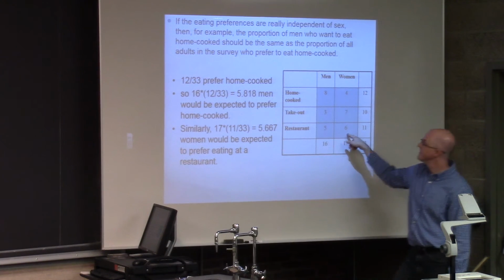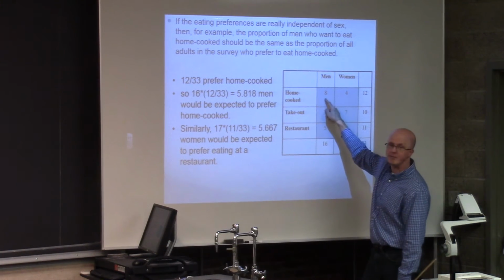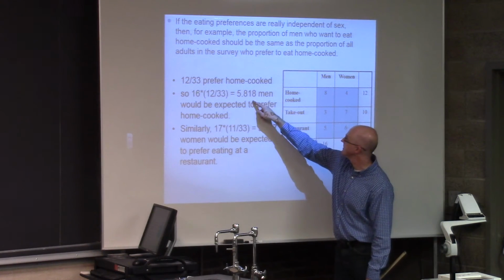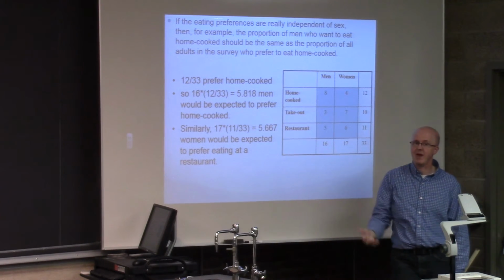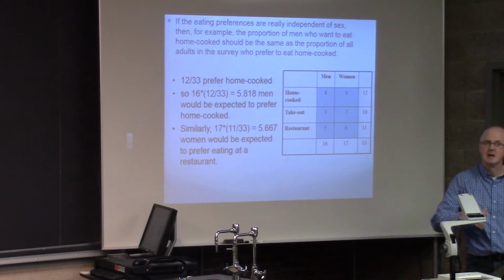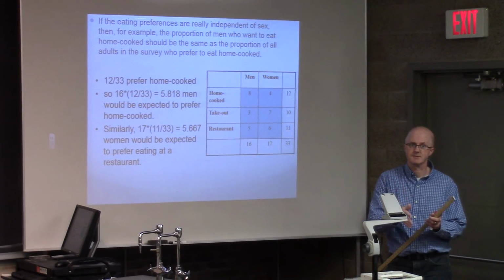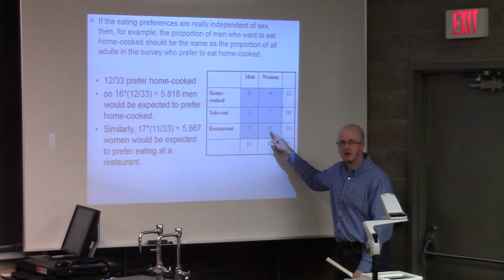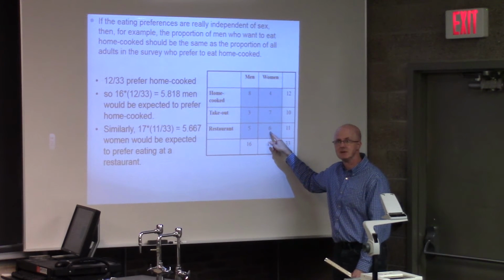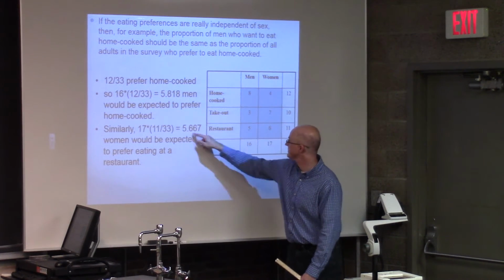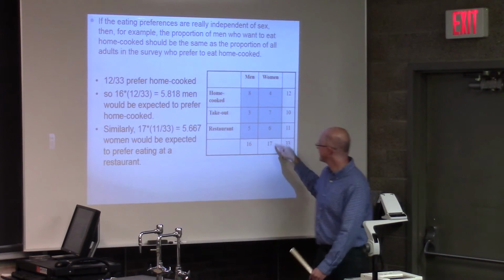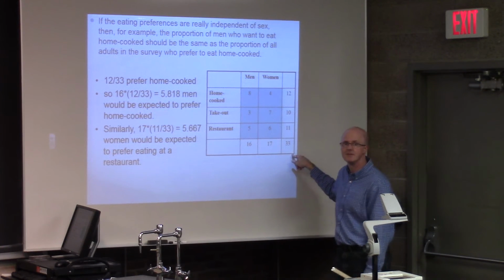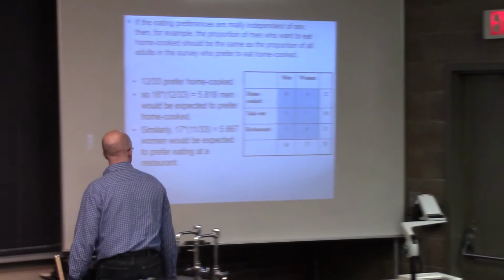So this number, compared to this number, is going to provide more evidence against the null hypothesis that the population proportions for males and females are the same. This number is not going to provide much evidence against the null, because these two numbers are fairly close to each other. 6 out of 17 is pretty close to 1/3. 11 out of 33 is exactly 1/3. So that's a little intuition.